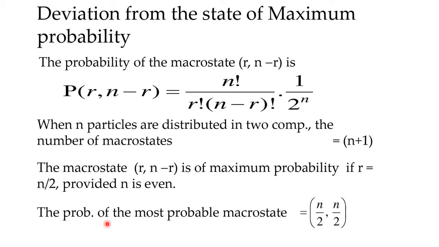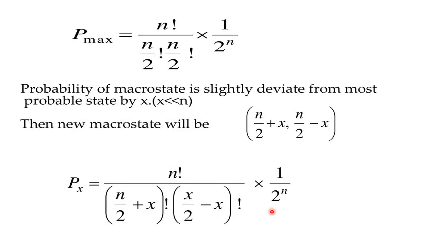So the maximum probability is n factorial divided by (n/2) factorial multiplied by (n/2) factorial, multiplied by 1 upon 2 raised to the power n.